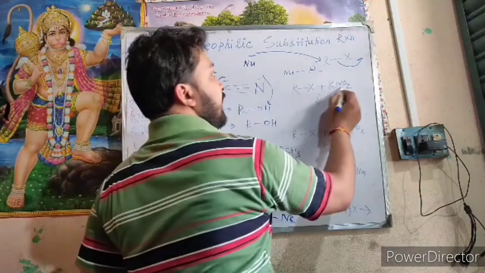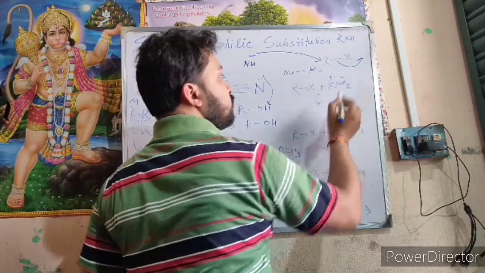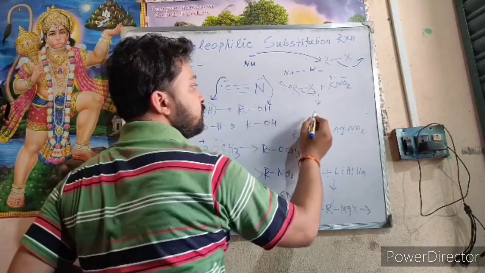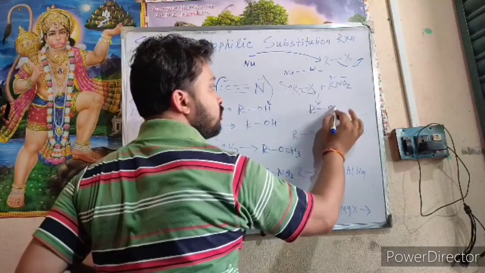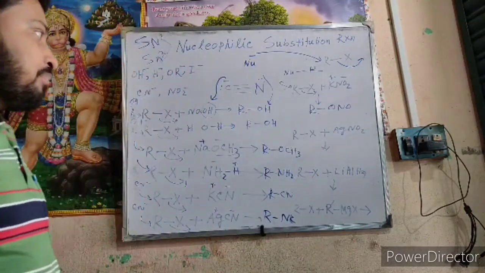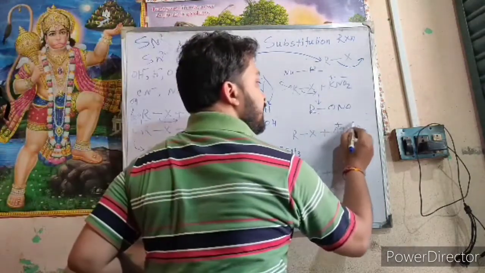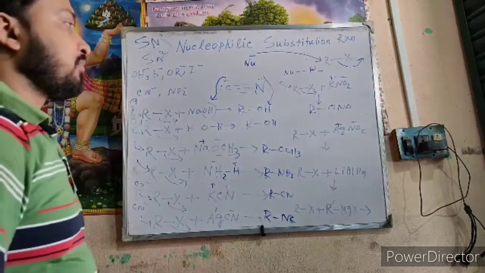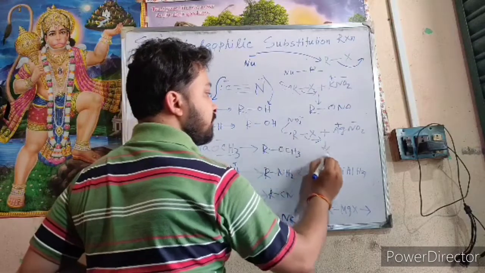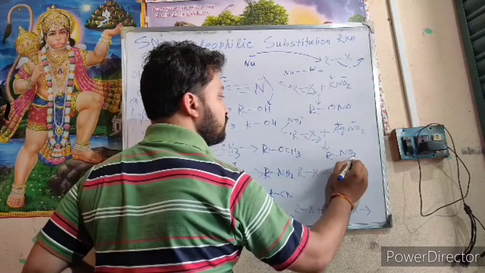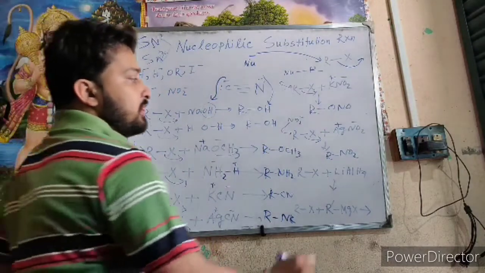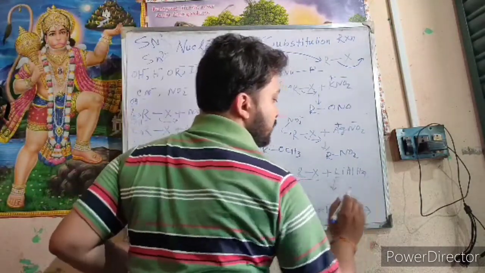Similarly, KNO2, that is K plus and NO2 minus. When NO2 minus attacks this R, X is removed, so the product is RONO. With Ag plus NO2 minus, when NO2 minus attacks this R, X is removed from here, so the product is RNO2. Then RX with lithium aluminum hydride.